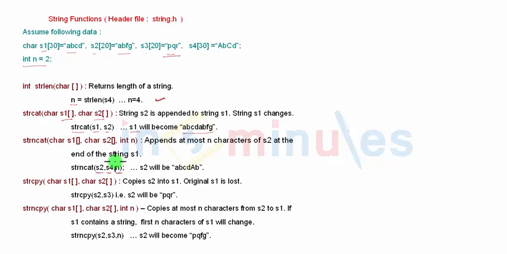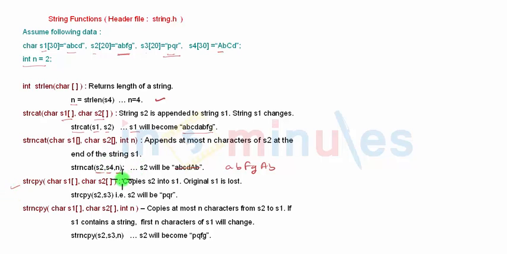So 2 characters of s4 will be appended at the end of s2, and s2 will change to abfg with ab joined at the end of the string. That is, these characters and these 2 characters will be put together into s2. So it is kind of string concatenation, but only part of the string is joined at the end of the other string.